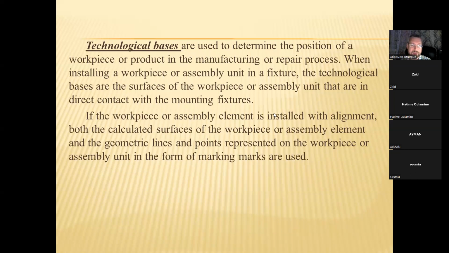The second type of basis is the technological basis.